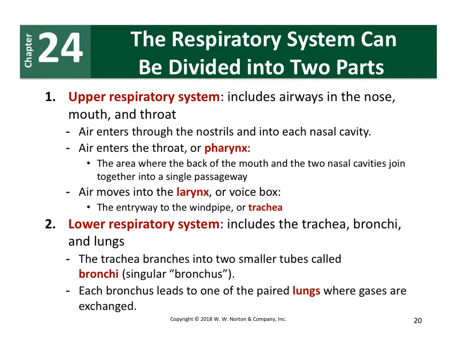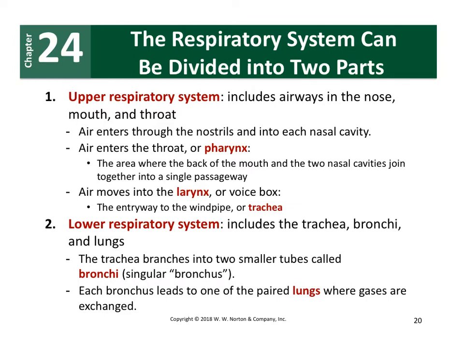So there's two parts to the respiratory system. The upper respiratory system includes airways in the nose, mouth, and throat. As the air enters the throat, or the pharynx, this is the area where the back of the mouth and the two nasal cavities join together in a single passageway.